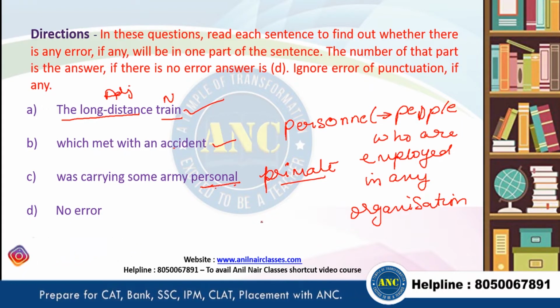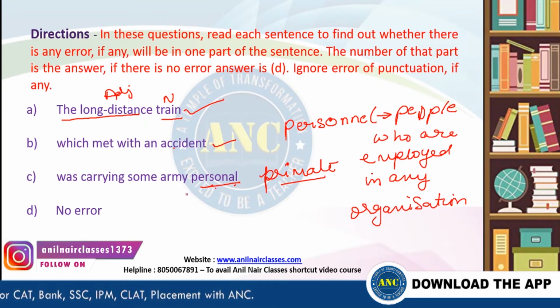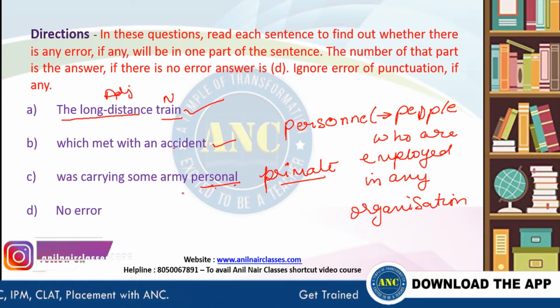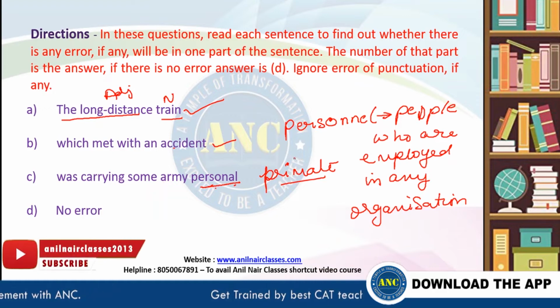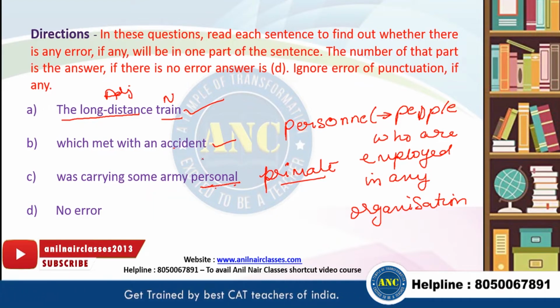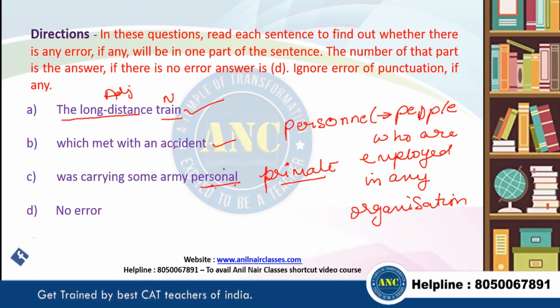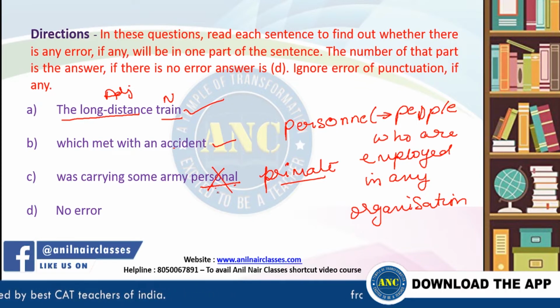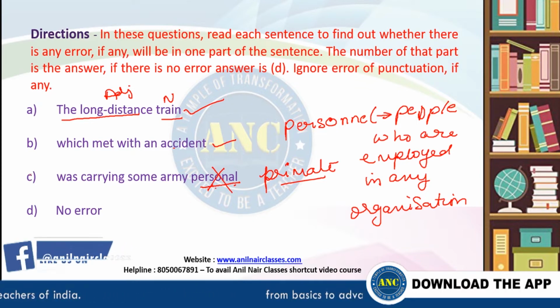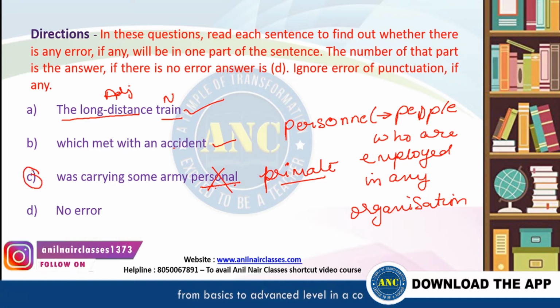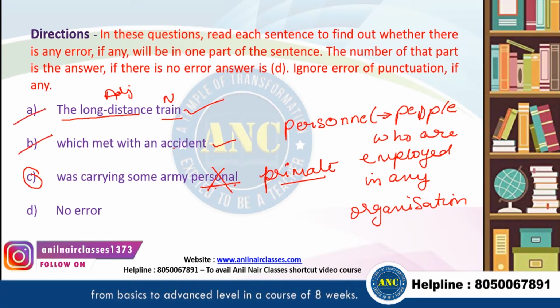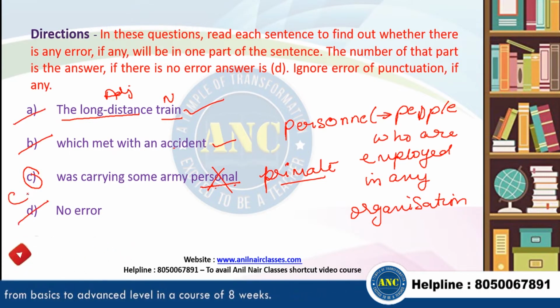Tell me. Yeah, so we are discussing some people who are working in the army, right? Who are employed in army. We are not looking for something personal or private, right? So that is why there is an error in C, and we can get rid of A, B and D. So our right answer is C.